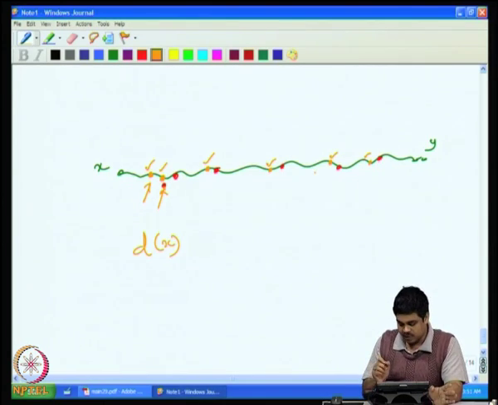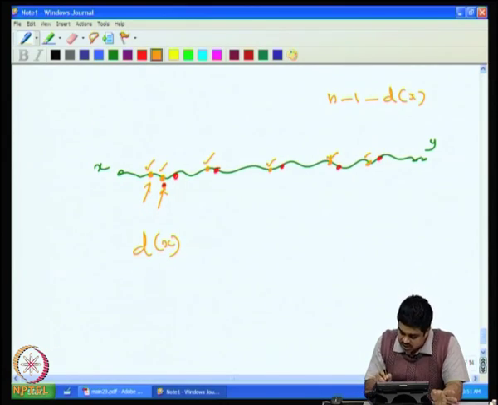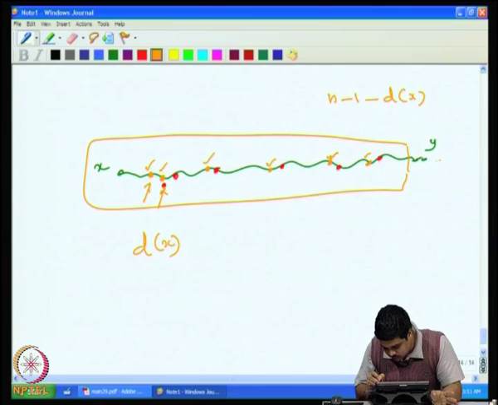They should sit somewhere in the path, not on these orange marked vertices, but somewhere else. But then they will get only the remaining n minus 1 minus dx positions, because these dx vertices are all from here to here, and y itself cannot be counted, because there is nothing beyond y.